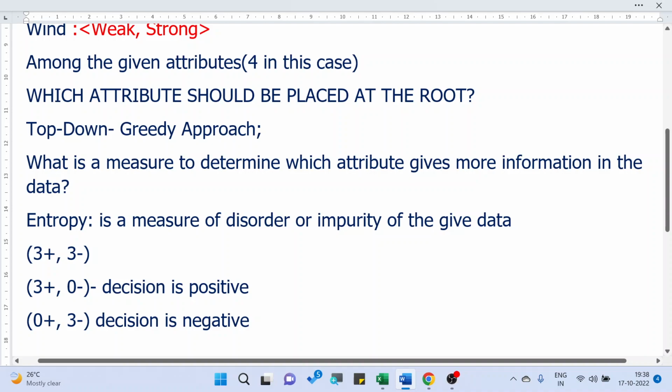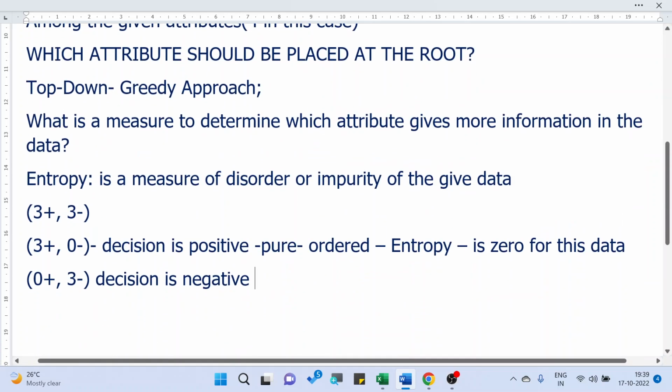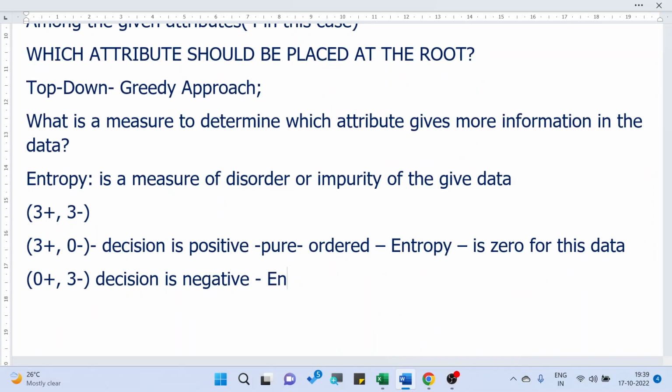They are pure, no impurity, pure or ordered. That means there is no disorder. That means entropy is 0 for this. Similarly, here also entropy is 0.